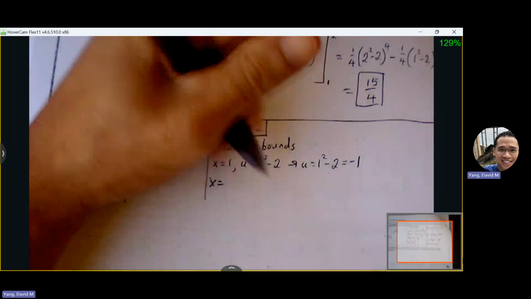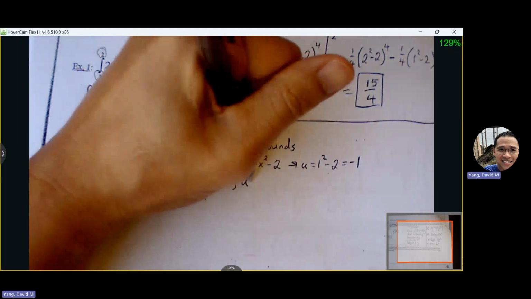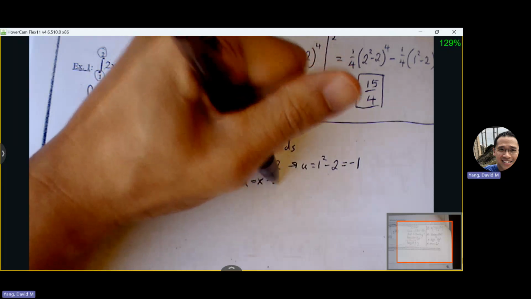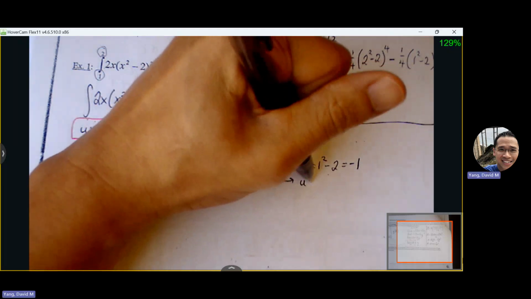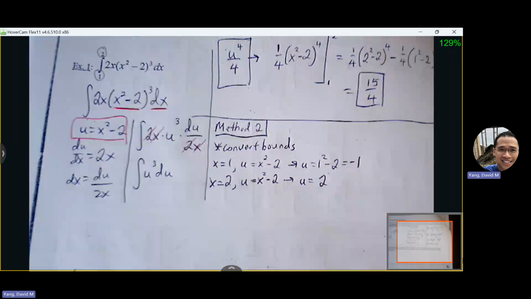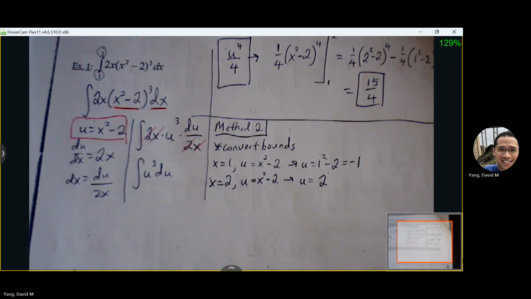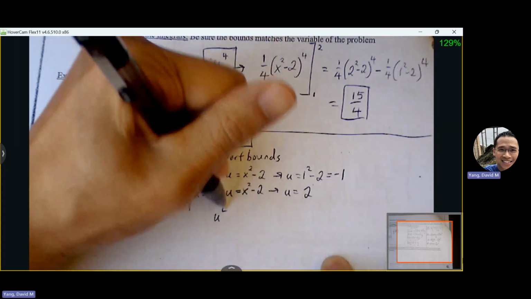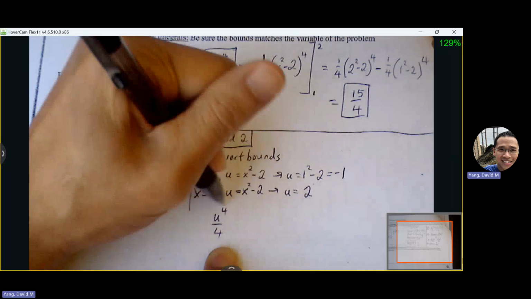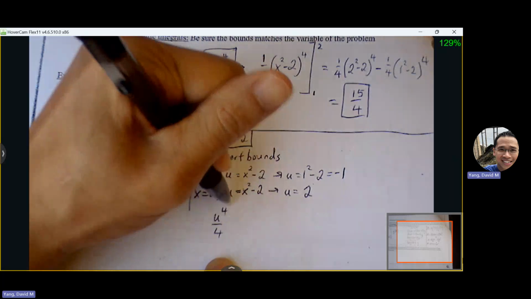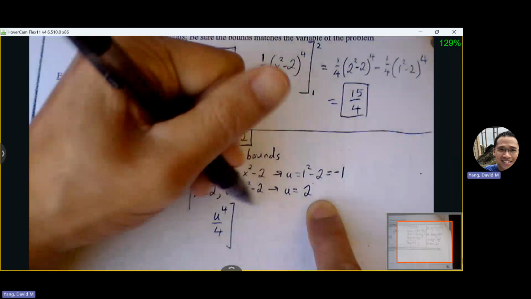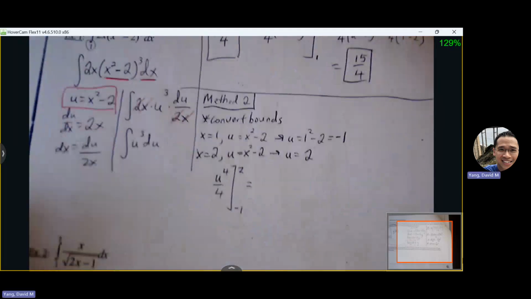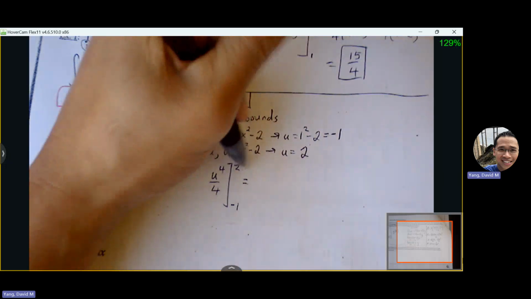My original upper bound is 2, but after I push it through and turn it into a different variable, my u is going to end up being 4 minus 2, which is 2. So I'm going to do u to the 4th over 4. My antiderivative is in terms of u. My upper and lower bound has also been converted to be in terms of u. Now we can plug in our upper and lower bound.